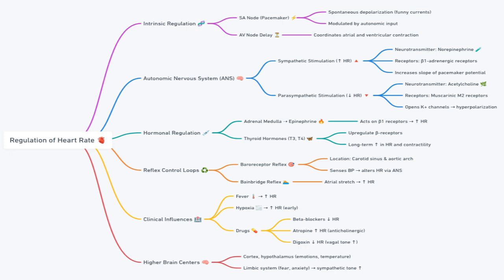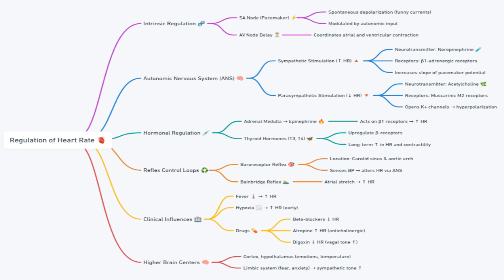Changes in body temperature and metabolic rate can alter the intrinsic pacemaker activity and the autonomic balance. With the clinical implications, you can think of arrhythmias, heart rate variability, and therapeutic interventions.